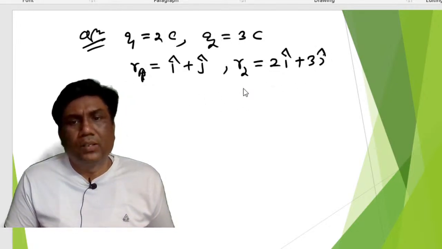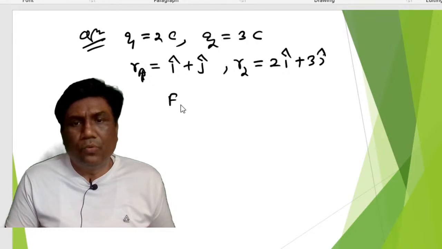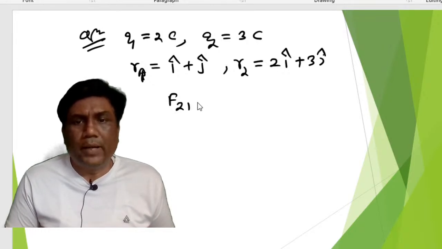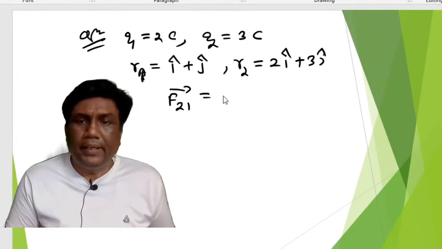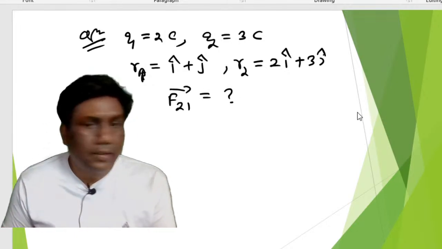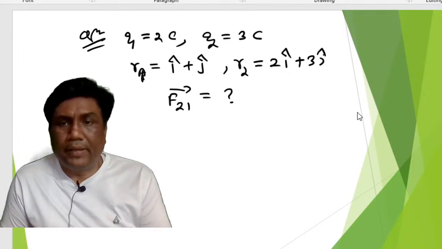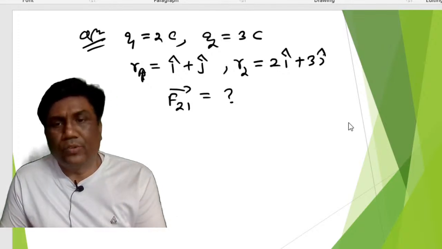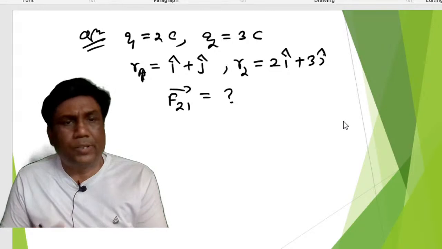So I want force on 2 by 1 in vector form. You also please frame it, try to solve it. I want the vector expression.